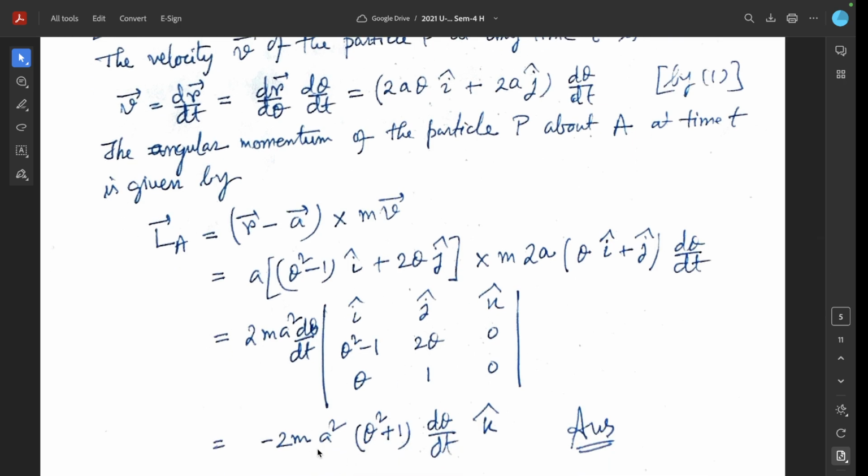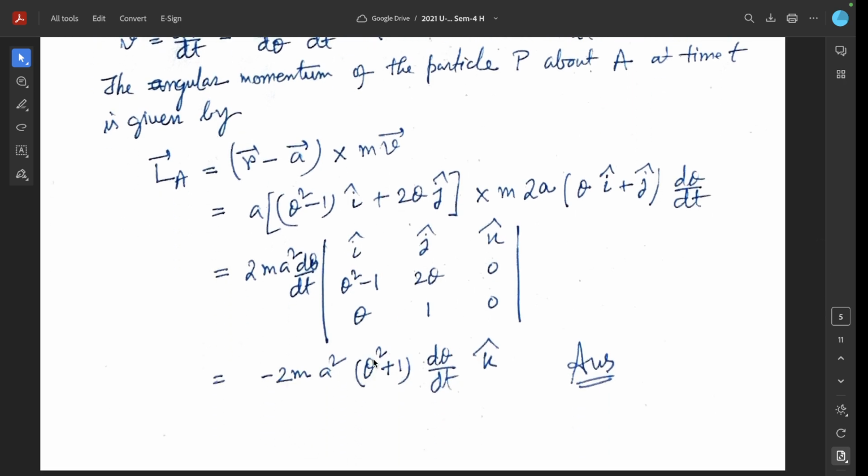After simplification we get 2ma²(θ² plus 1) dθ/dt k cap, which is the angular momentum of the particle P about the point A at time t.